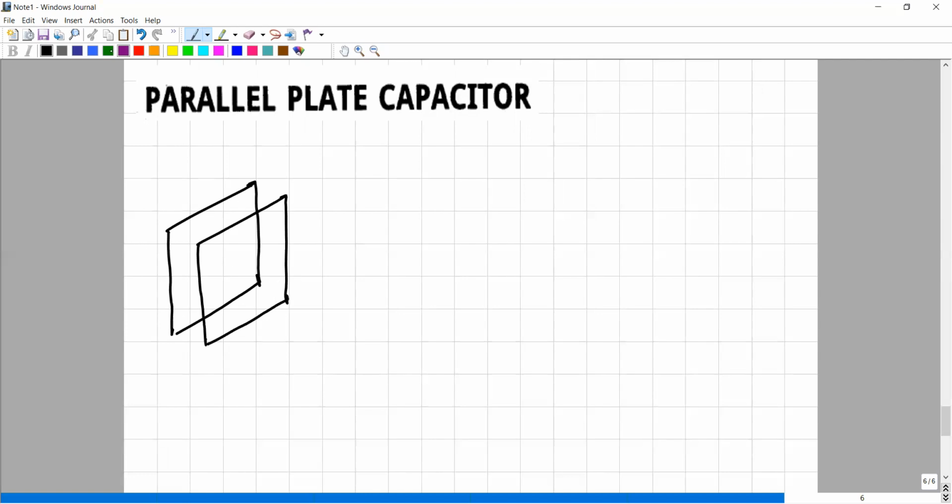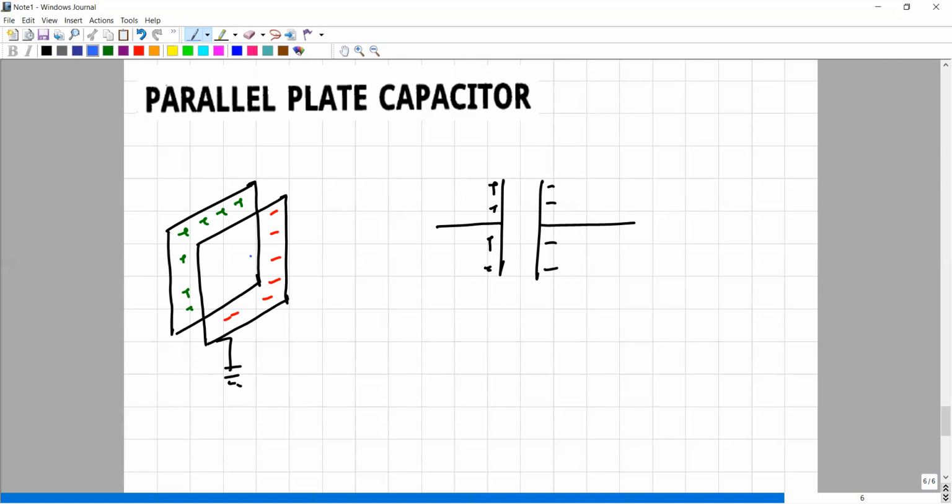One of the plates would be a positively charged plate, and the other plate will be a negatively charged plate. One of the plates again will be earthed also. From this side view, it looks like this, and the front view, if you look, it will look like this. This will be the positive charge and this the negative charge.